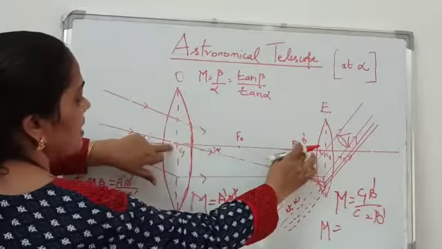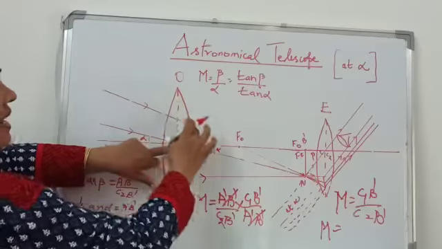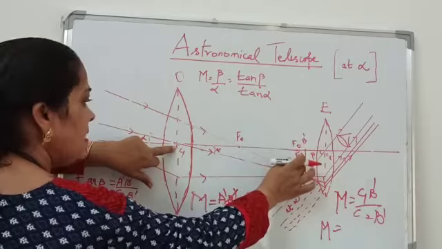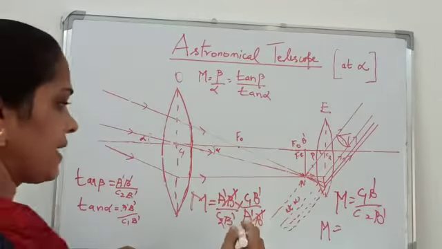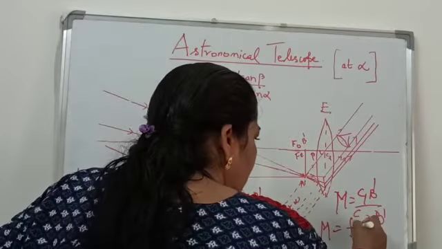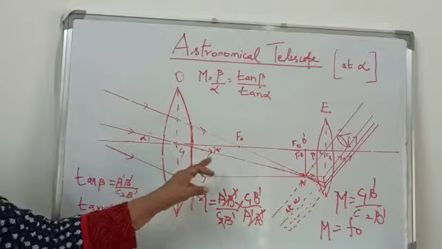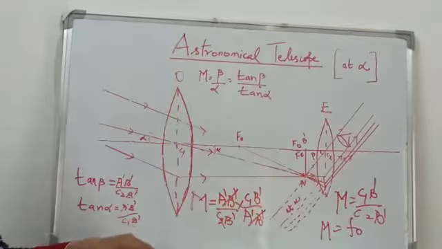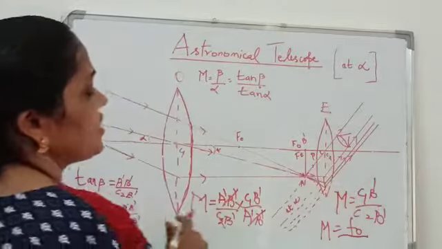C1 B dash is the image distance of the objective lens. Where is the image formed? At the focus. Where is it? To the right of the lens. So we can mark it as FO, where O means objective lens, the focal length of the objective lens. It is positive since it is to the right. What is C2 B dash?